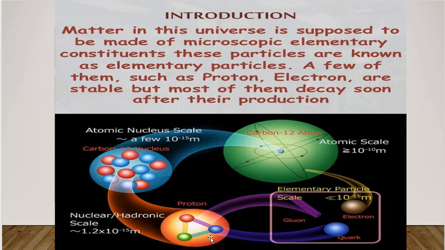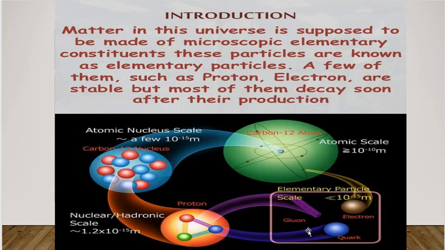Then if there is any particle of which the proton is made up, we take that small particle. Again, that particle is studied for any internal structure. So, we are moving from the atomic scale to the nuclear scale to the particle scale, then the elementary particle scale.